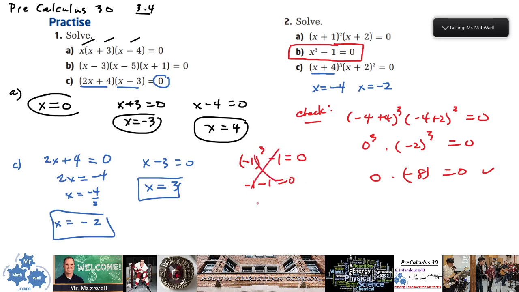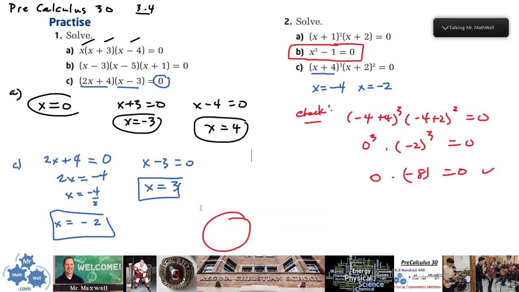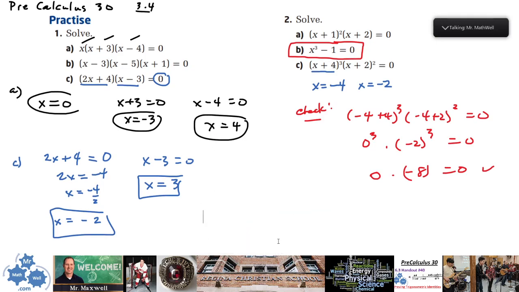X plus 1 is not a factor. Let's try +1. Well, that's 1 minus 1. That does equal 0. So guess what? X minus 1 should be a factor there. And you can go ahead and factor that out just like we've been doing. And for those of you that want to see, I'll do that real quickly here below.